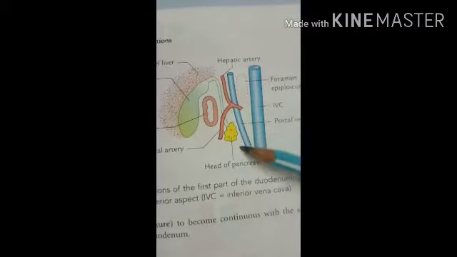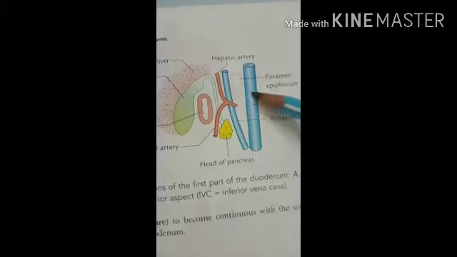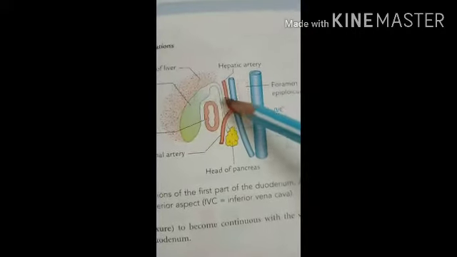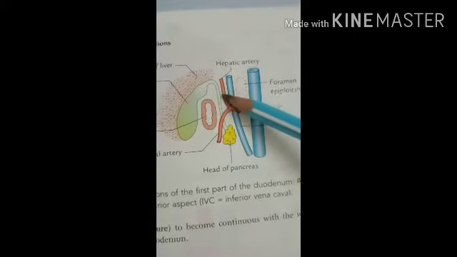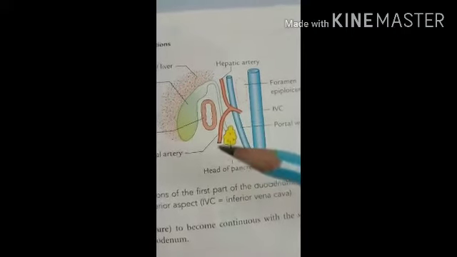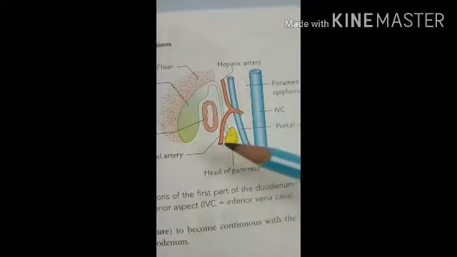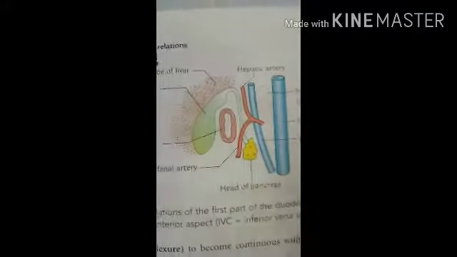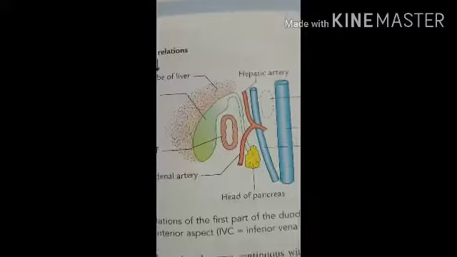Here you can see the bile duct and the portal vein. Then superiorly is the epiploic foramen and inferiorly the head and the neck of the pancreas. So these are the visceral relations of the first part of the duodenum.